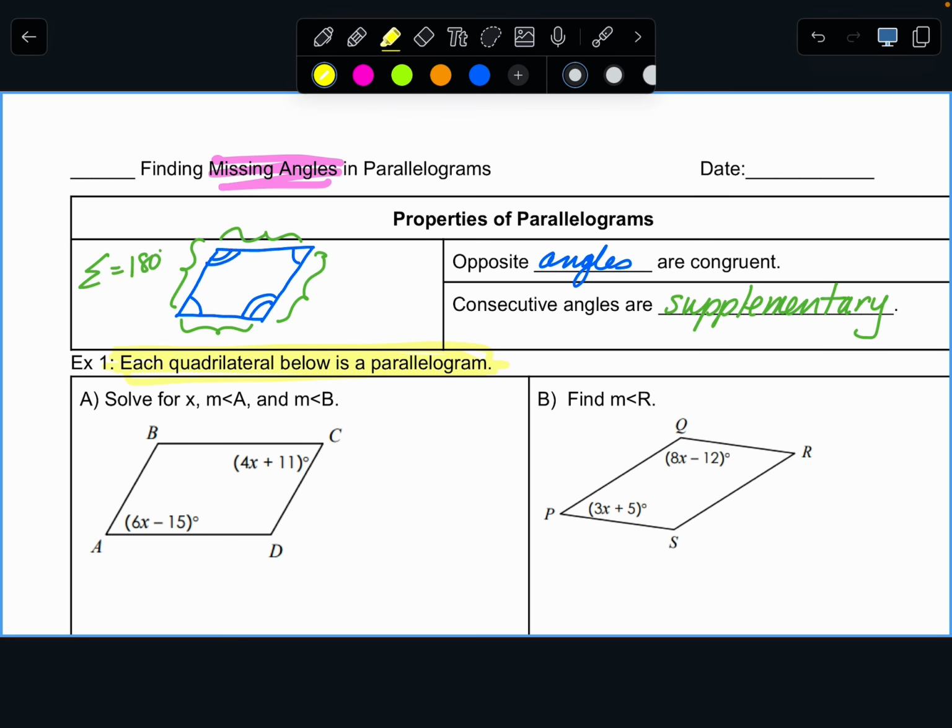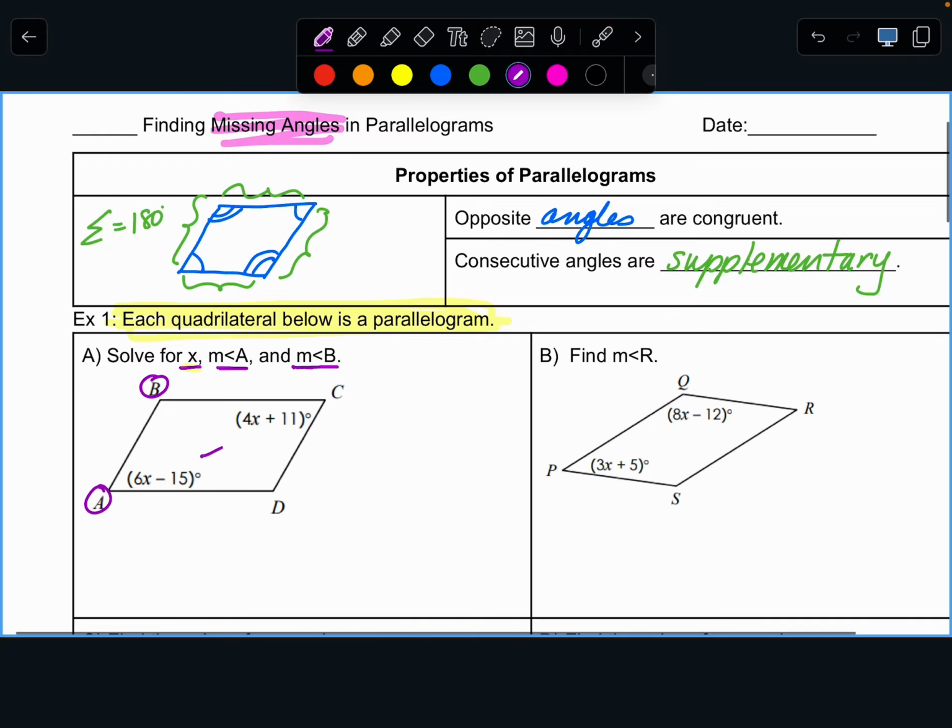So when we look at the first question, I'm asking you to find three different things. X, angle A, and angle B. So I need to find both of those things, plus X. The first place to start generally is X, because I'm going to need that to find everything else.